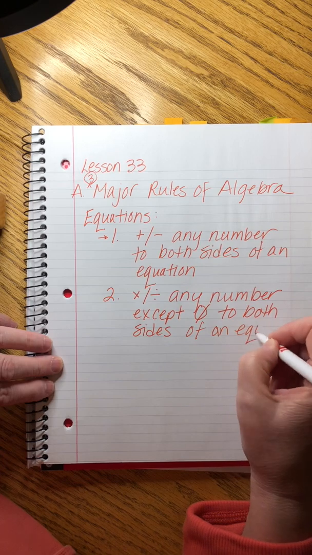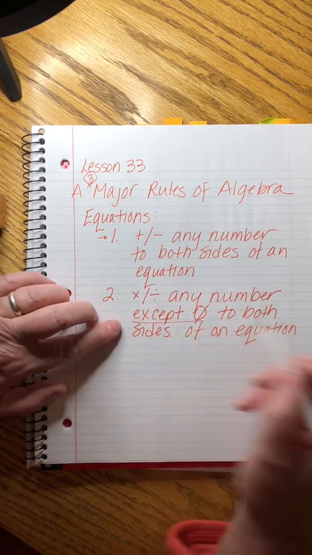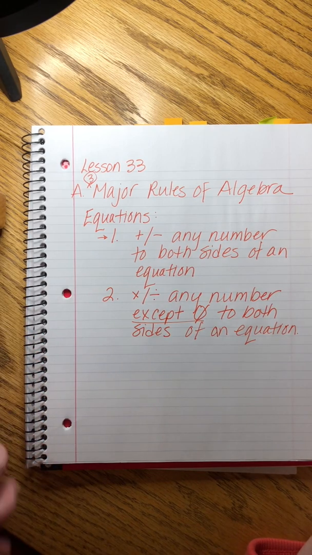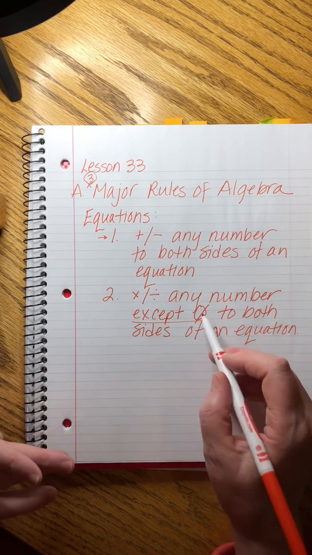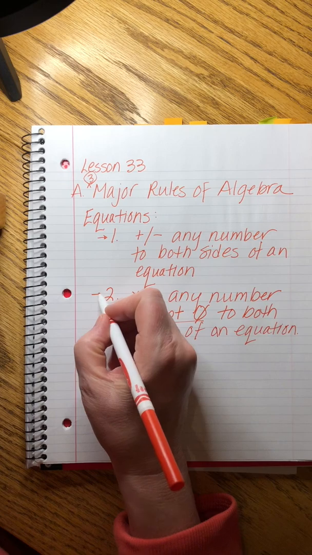We do this all the time. We just have to be careful here. We can't divide by 0. That's just really bad and the kingdom falls down, right? So that's the problem with dividing by 0. These are the 2 rules. Like I said, we use them all the time.